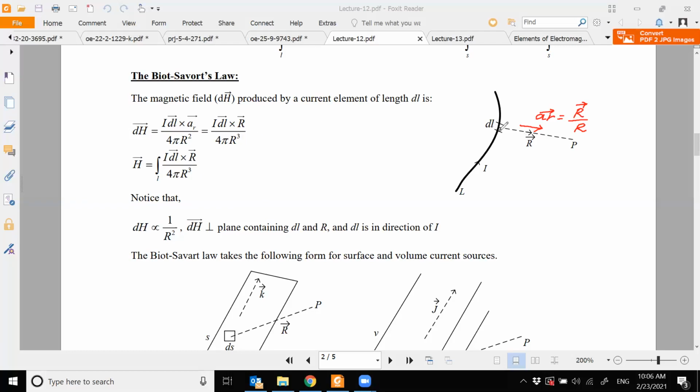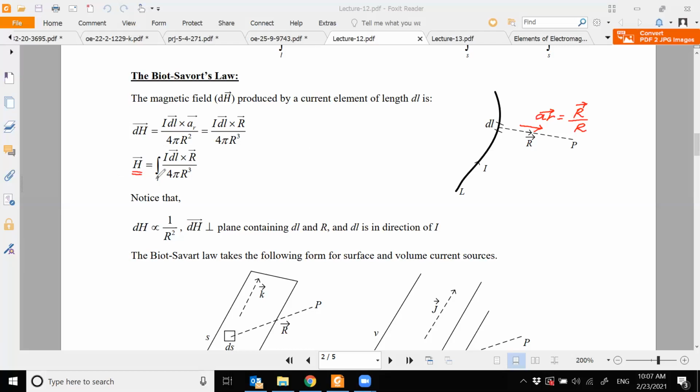And this is for this small elemental length dl. Now, if I integrate it over the whole line of length L, then I will get the magnetostatic field, which is because of this wire of length L carrying current I at this observation point P.